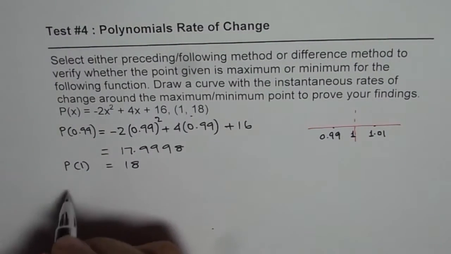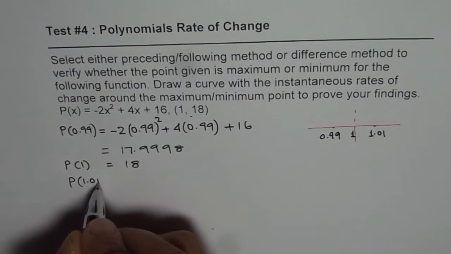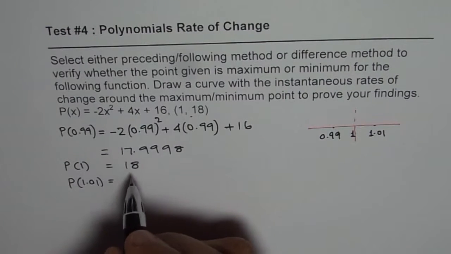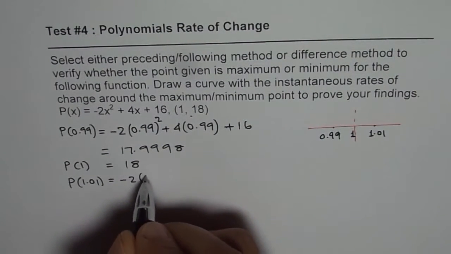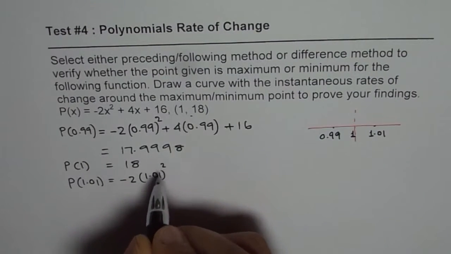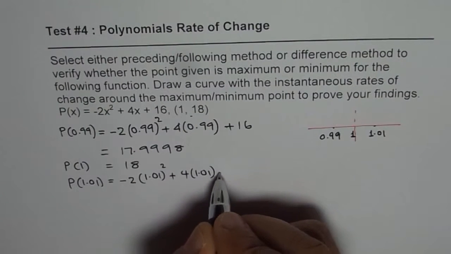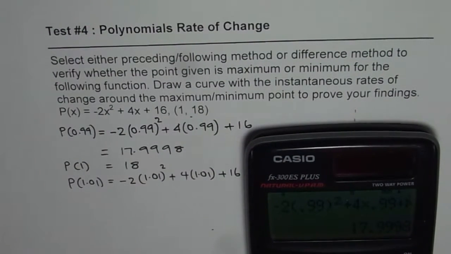Now we know the value of the function at 1 is 18. That's given to us. So let's find the value of this polynomial at 1.01. Remember, this distance should be the same on both sides. So that is minus 2 times 1.01 squared plus 4 times 1.01 plus 16, right? Let's plug in the values.